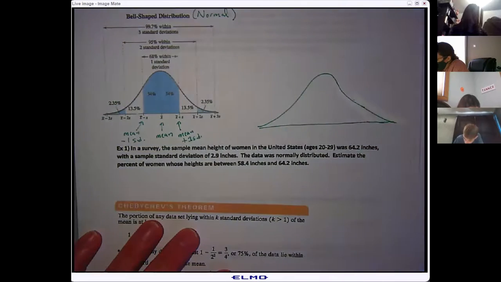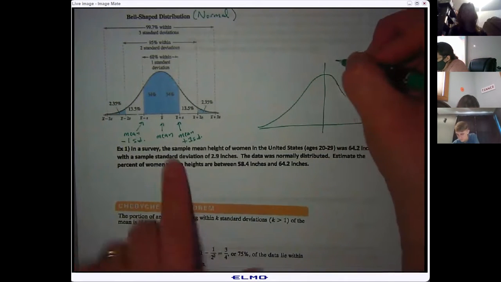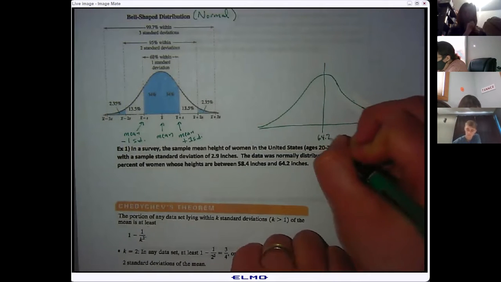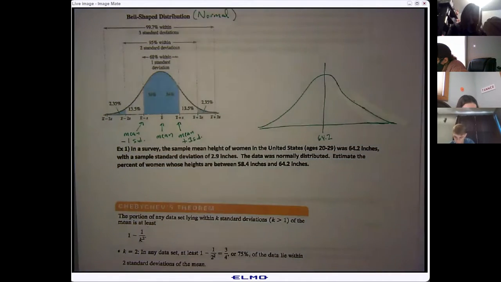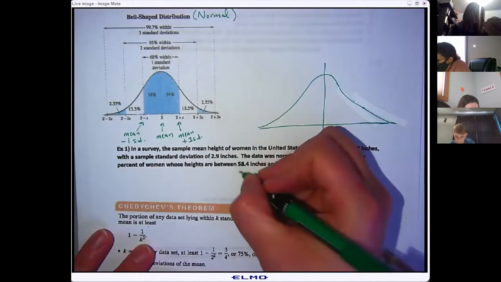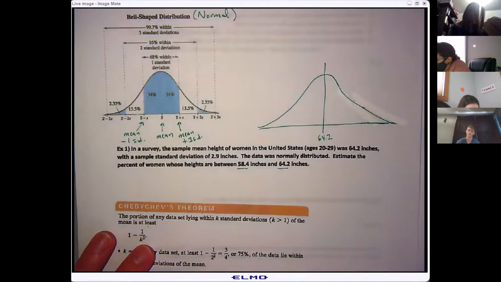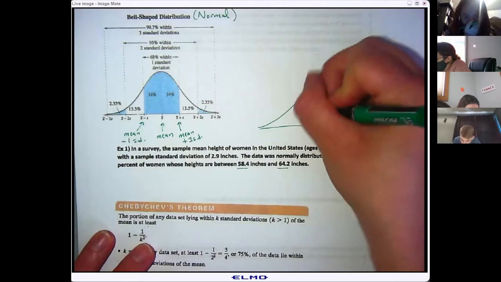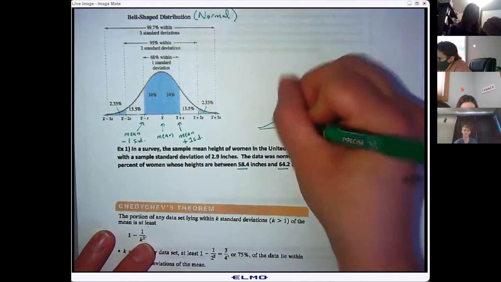Okay, so here we go. This is right in the middle. It says that the mean height is 64.2 inches for ladies with a sample standard deviation of 2.9 inches. And we're supposed to figure out what percent of women are between this and this. So we're going to figure out 1 standard deviation first, and then 2. Let's see if we need beyond that.